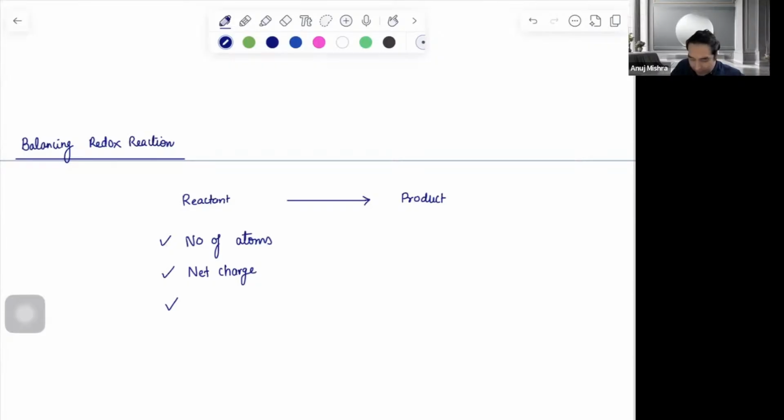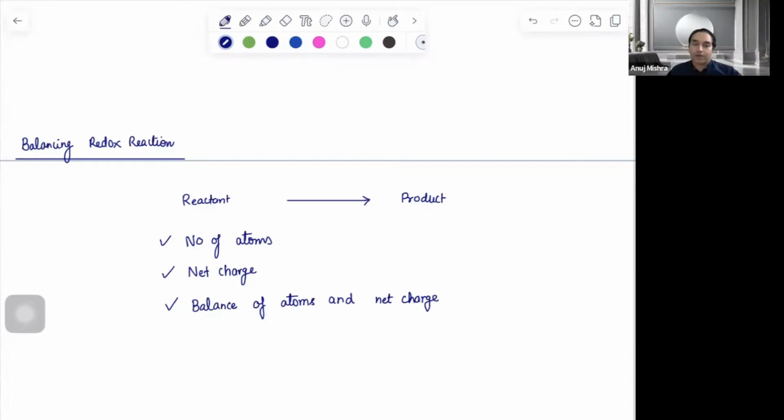So in general, balance of atoms and net charge you have to ensure. Is it clear? Jay, is that fine? Tarun, is it okay? Yes. Yatharth, Arjun, everyone, Chinmay, Sharnam, is that okay?